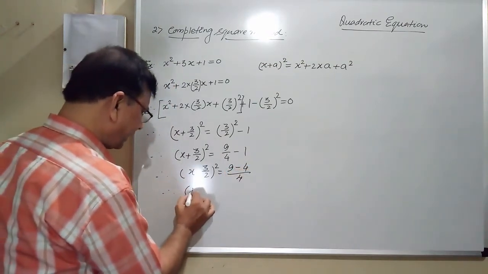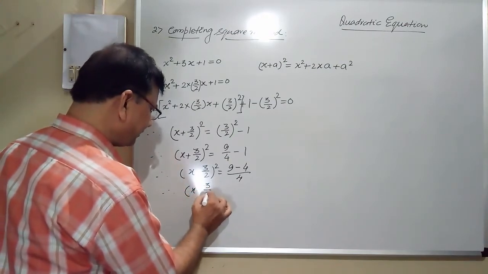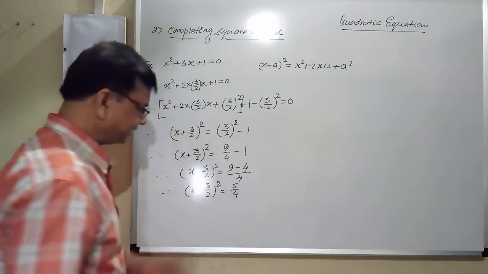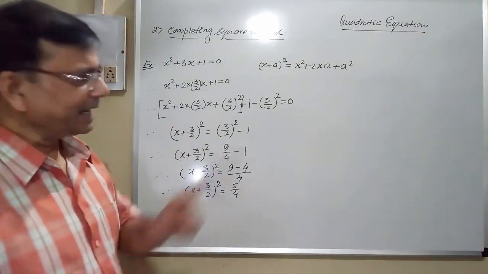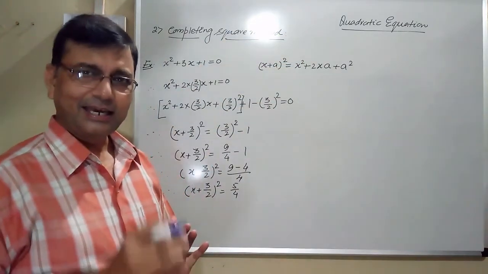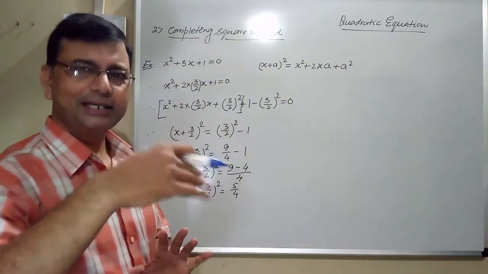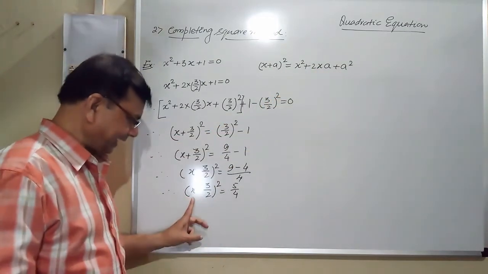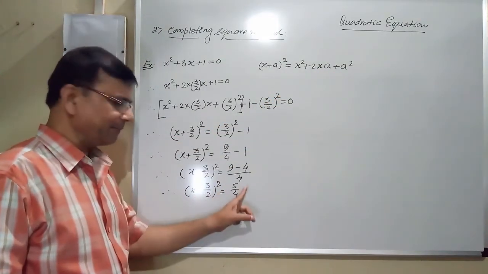Therefore, x plus 3 by 2 whole square is equal to 5 by 4. This we got. If you remember, I had written x plus a whole square is equal to b. Same thing we got, x plus a whole square is equal to b.